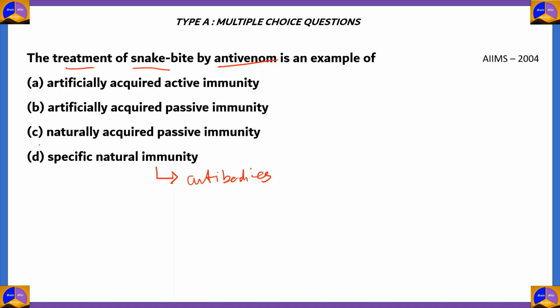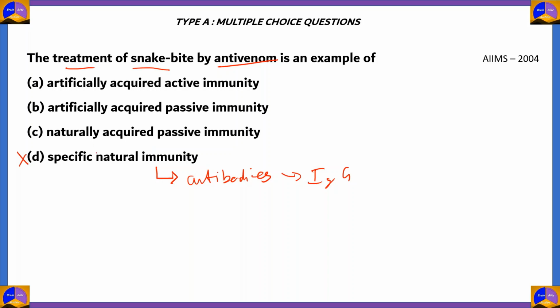So this is basically the remembering of antibodies, and that is done by immunoglobulin G. So option D is incorrect. The example of specific natural immunity would be IgG, remembering antibodies.